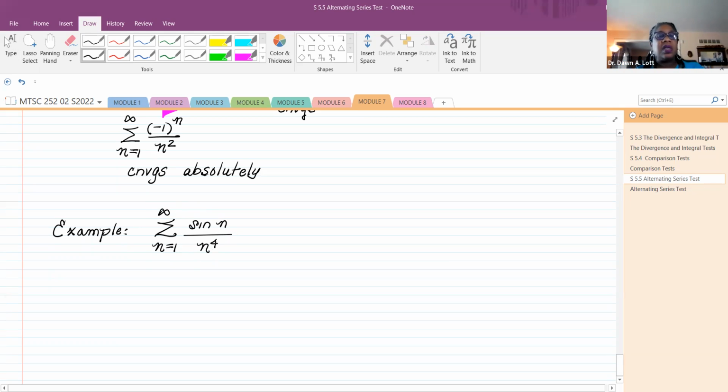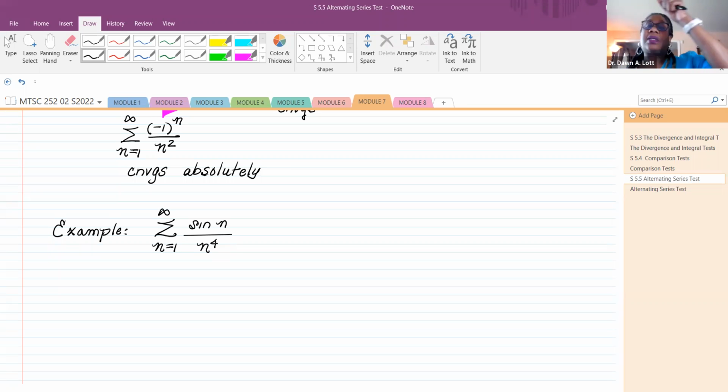Now this is what we call a hidden alternating series. It's hidden because sine goes up and down from 1 to -1 to 1 to -1.